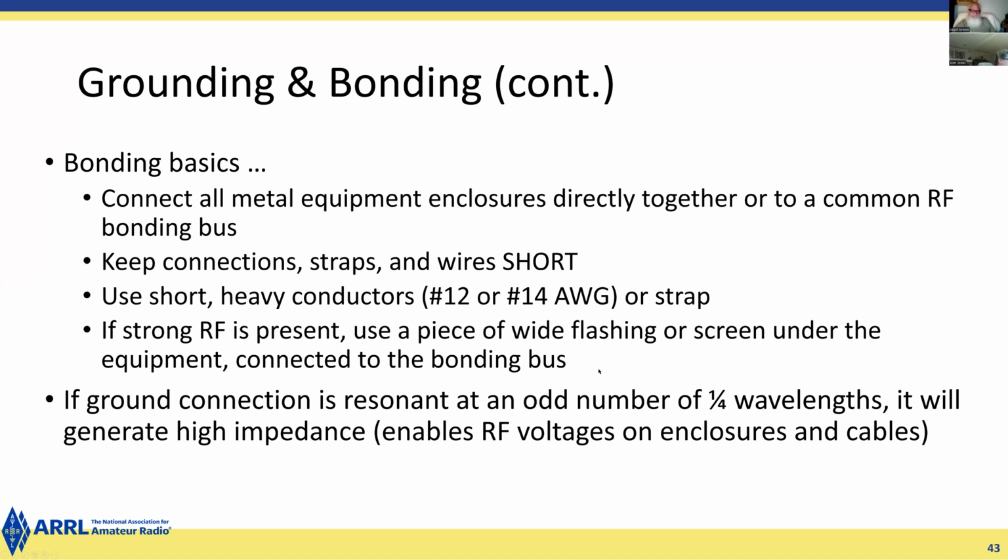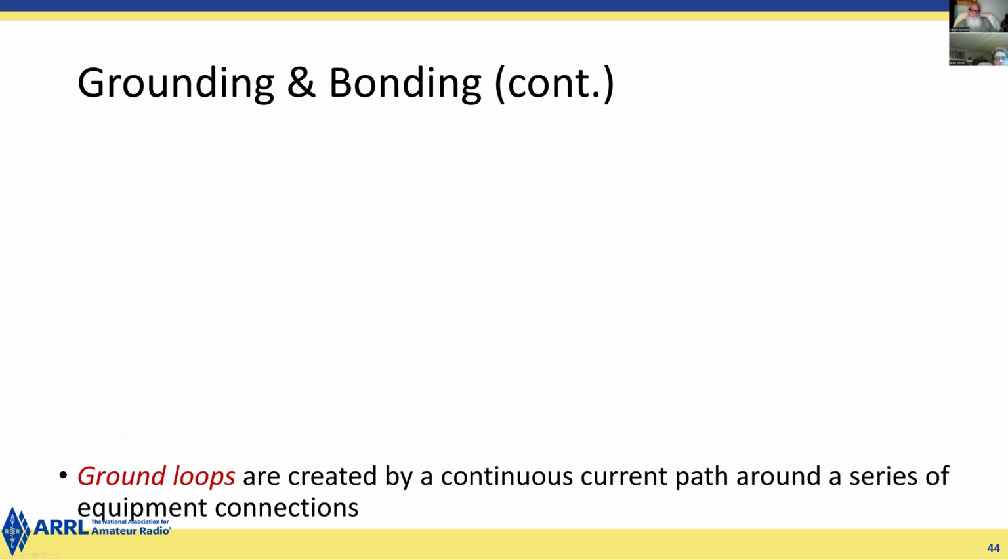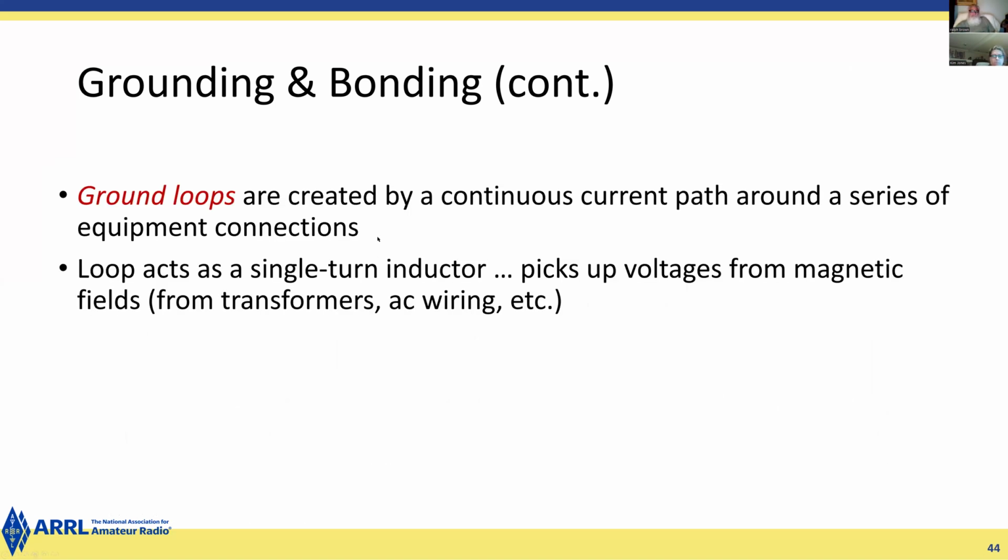You may have to change the length of the ground connection if you run into problems on certain bands. Other things you need to watch out for are ground loops, which is to say you have a connection through two or more paths in a loop. So you can pick up voltages from magnetic fields that exist around your equipment, from transformers and power supplies, for instance, from the AC wiring in your walls and so forth.